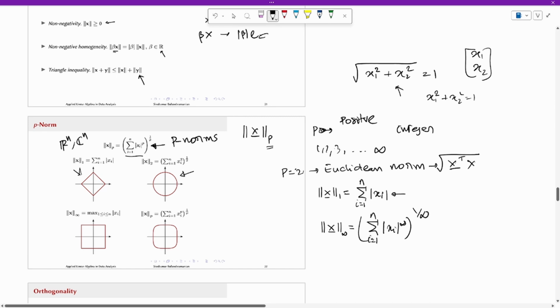We have no idea how to compute that. Anything raised to the power infinity should be infinity, right? Of course, this is not how you compute it. Whenever you have infinity involved, you don't actually substitute infinity. You ask, as the value of p becomes larger and larger, as it tends towards infinity, what does my quantity tend towards?